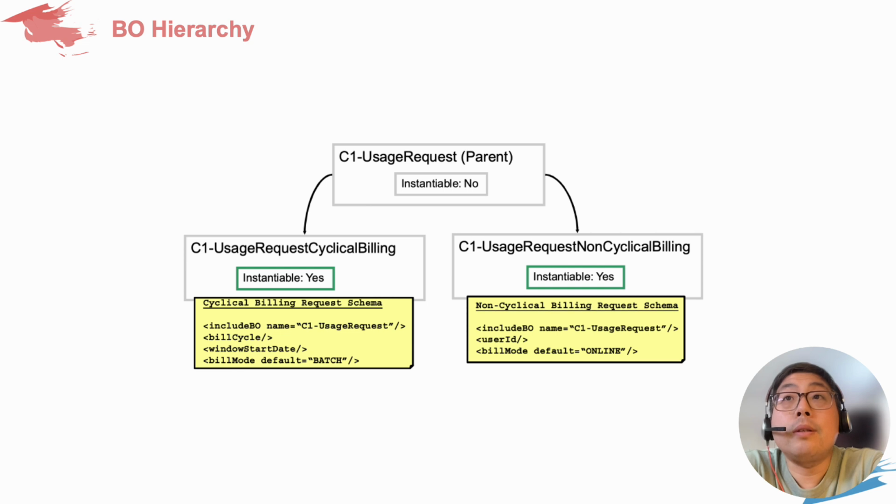So that's the difference, but the logic is quite similar. So you have one algorithm, one BO for cyclical billing when the billing batch is running. If it's ad hoc, say a manually generated bill, it would just use non-cyclic billing.